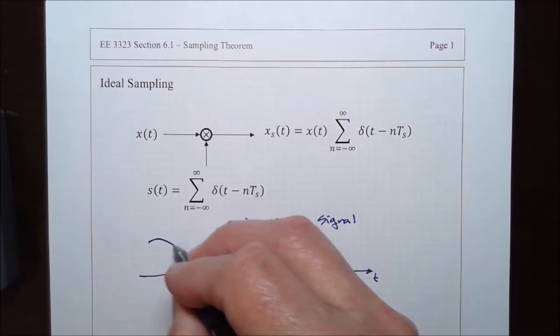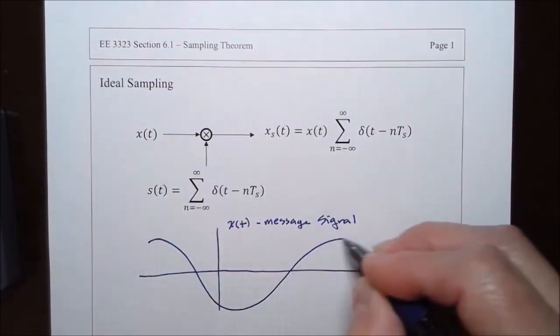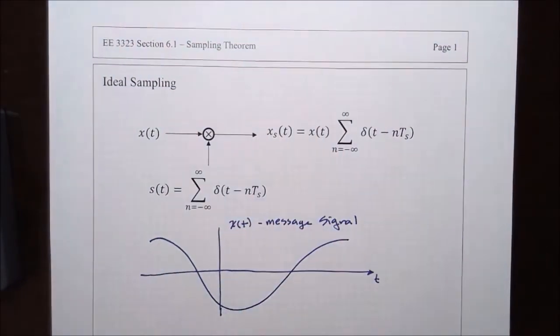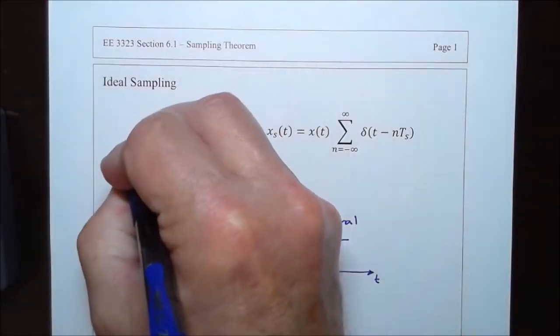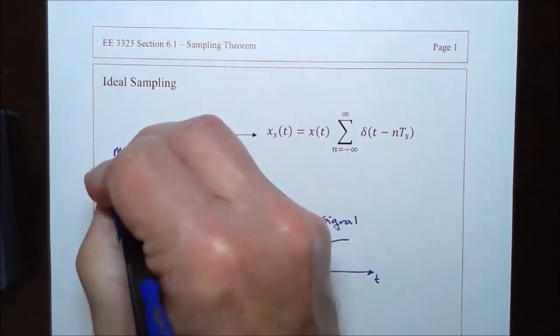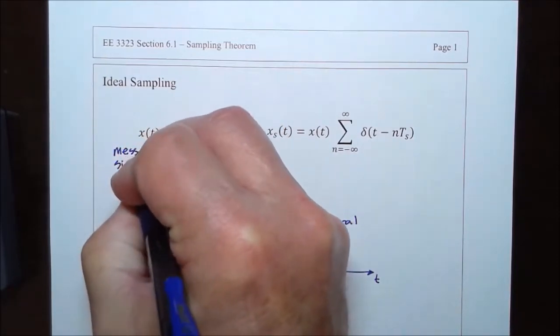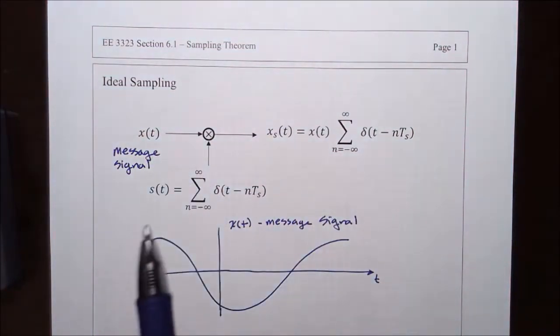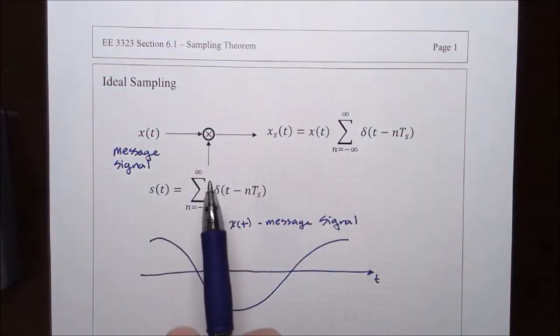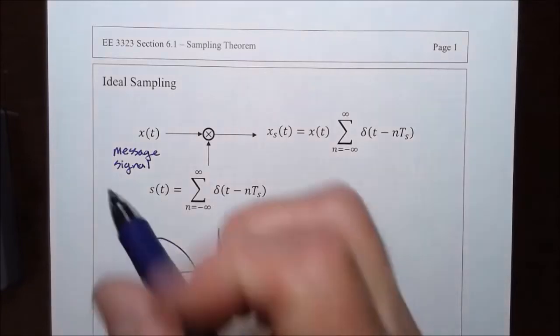And let's say it is a continuous signal in time. So x of t is the message signal. We are going to sample this message signal periodically, and we will model that by using the sampling function.